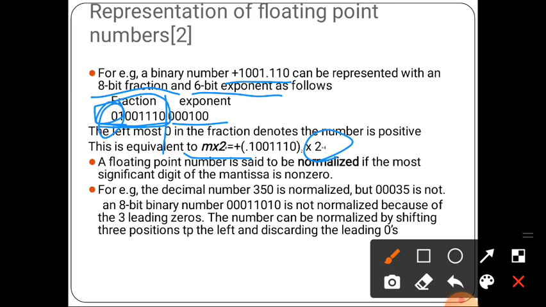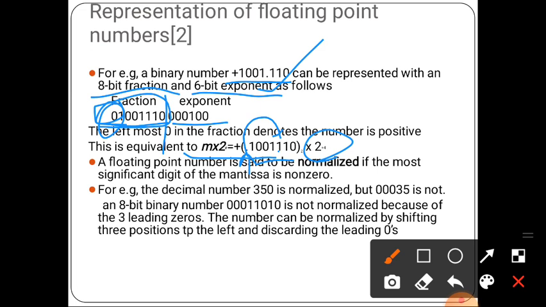So 2 raised to plus 4 indicates that the actual position of the decimal point is 4 positions to the right, that is, after 1001 there is a decimal point in the actual number.